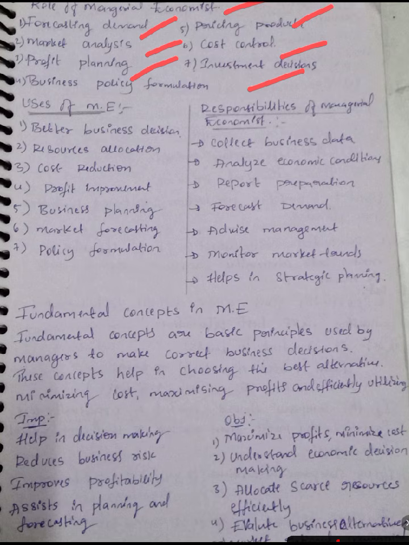Forecasting demand is the most repeated point in all questions in managerial economics. Now, coming to business policy formulation. Once again, the role of managerial economics: forecasting demand, market analysis, profit planning, business policy formulation, pricing products, cost control, and investment decisions.